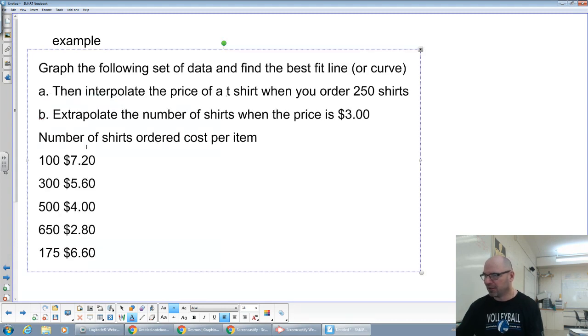The table didn't come out perfect, but I'll just adjust it here. I'm going to put some tabs in here. Number of shirts ordered, cost per item. Let's center it. Number of shirts ordered, cost per item. There we go, that's not bad.